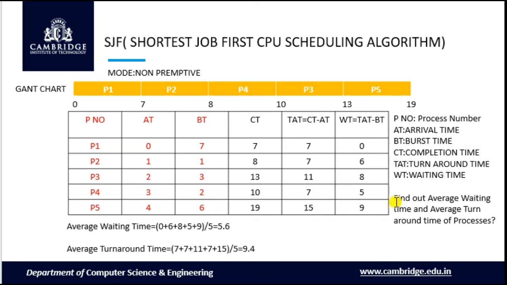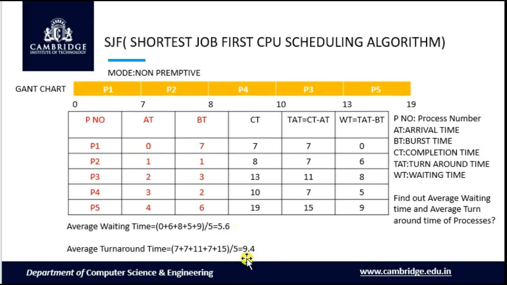Now, what is the question? You have to find out the average waiting time and average turnaround time. Average waiting time is calculated by adding all the individual processes' waiting times: 0 plus 6 plus 8 plus 5 plus 9, divided by 5. It comes to 5.6 units of time.